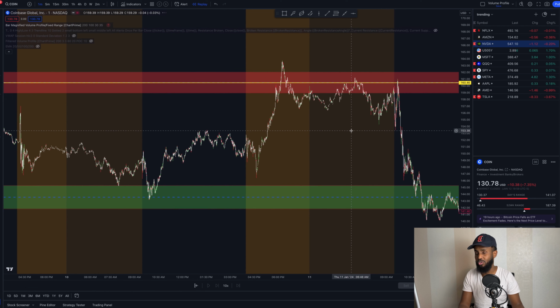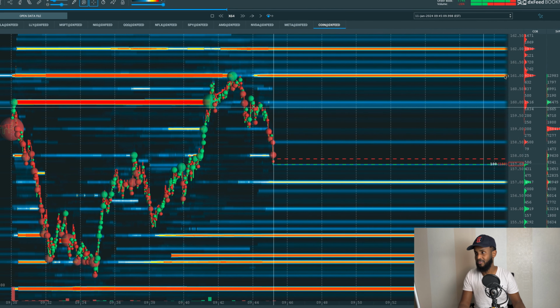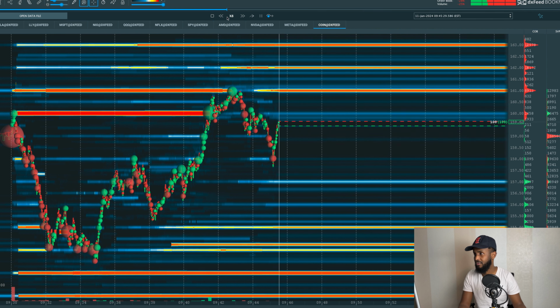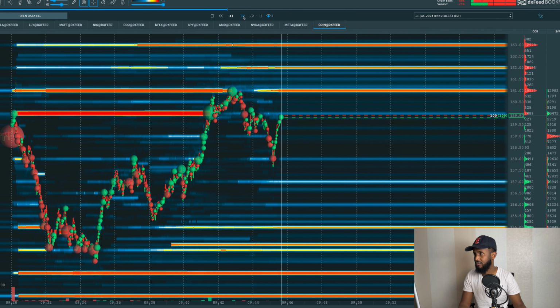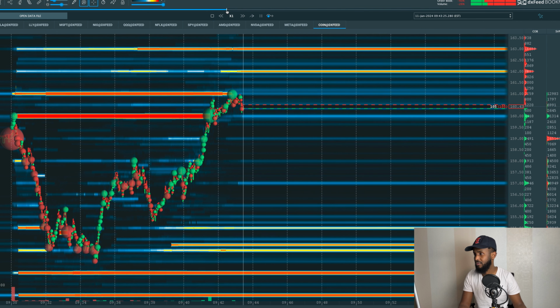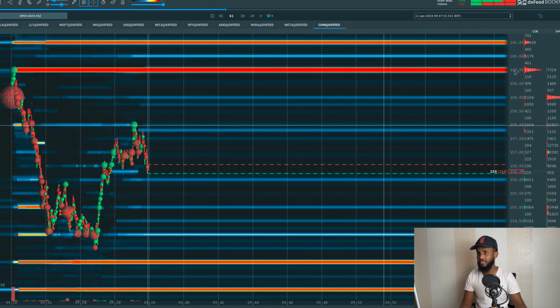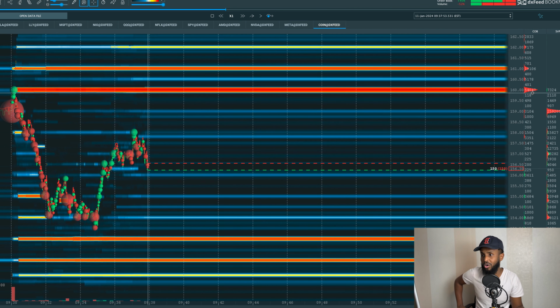Many people could think, hey, this thing is breaking through and is going to make new recent highs, but that is if they did not see that there were 54,000 sell orders sitting at the $160 zone, and then 19,000 sell orders around $161.